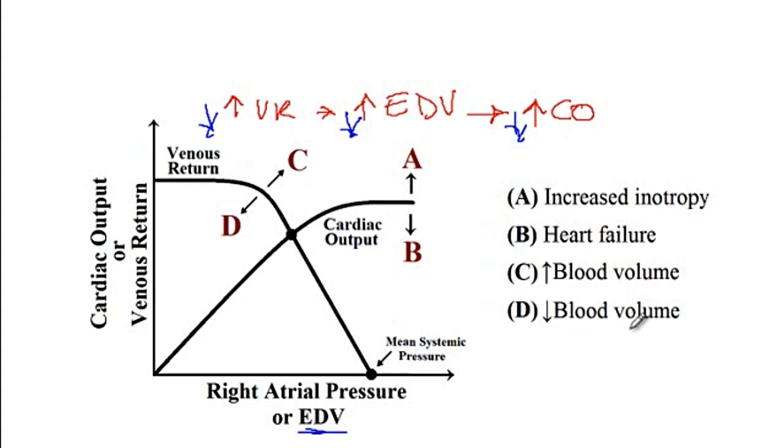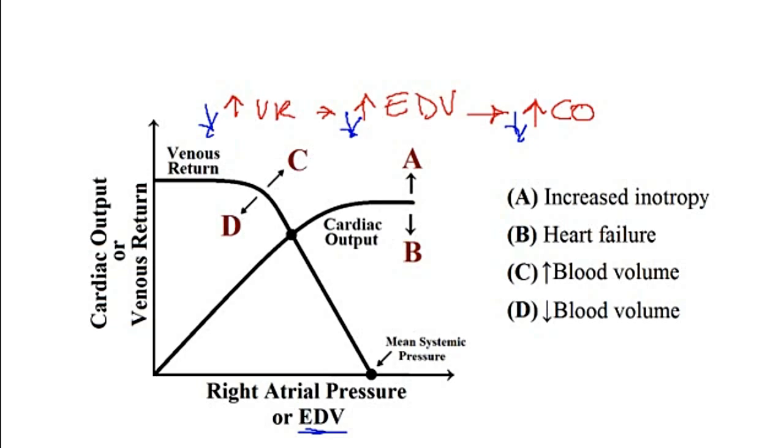On the other hand, with conditions that decrease the blood volume, like for instance dehydration or blood loss, the venous return curve will be shifted downward, and therefore there would be decreased cardiac output. But note that with neither increased blood volume nor decreased blood volume, there won't be any shift in the cardiac output curve. So the cardiac output curve stays where it is, while the venous return curve either shifts upward or downward.